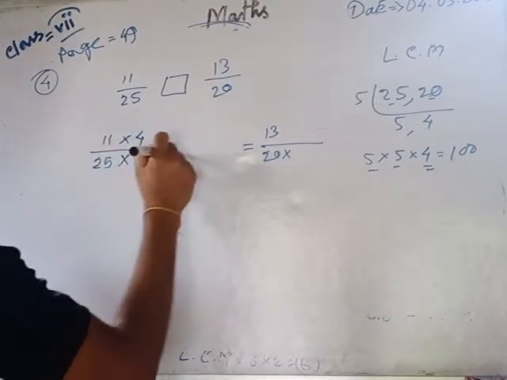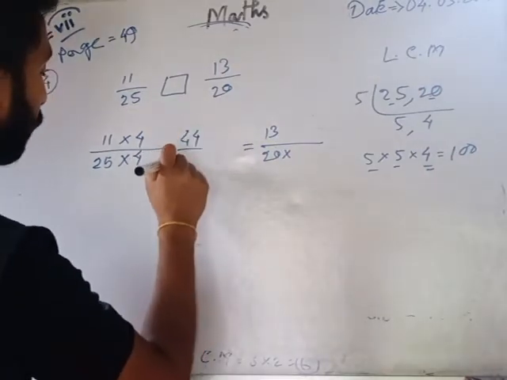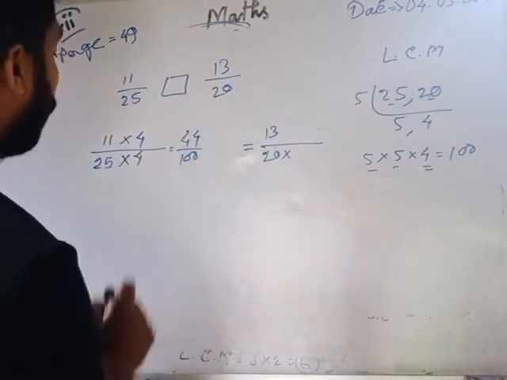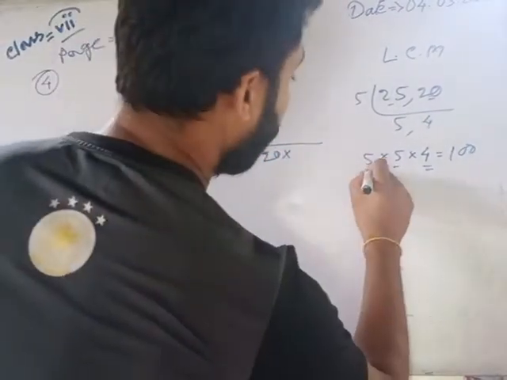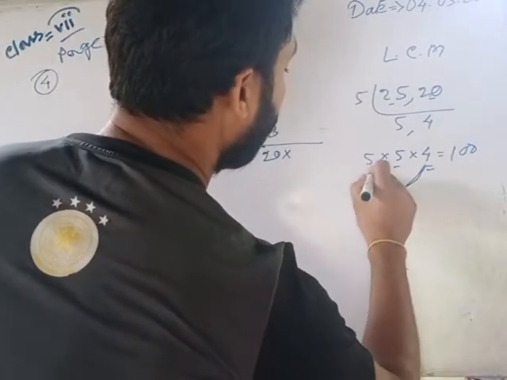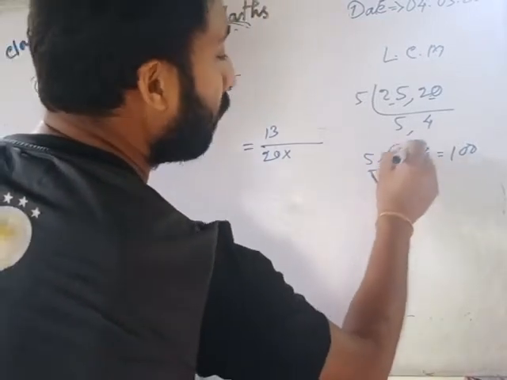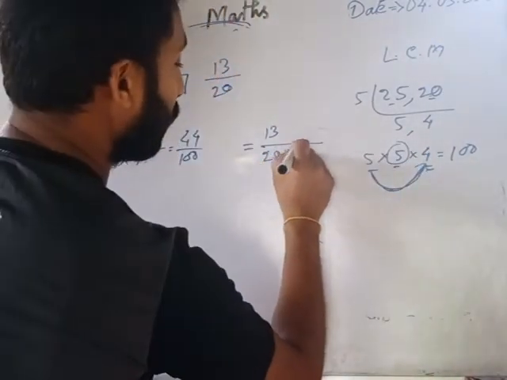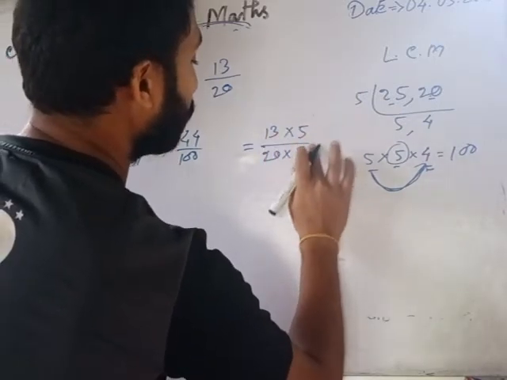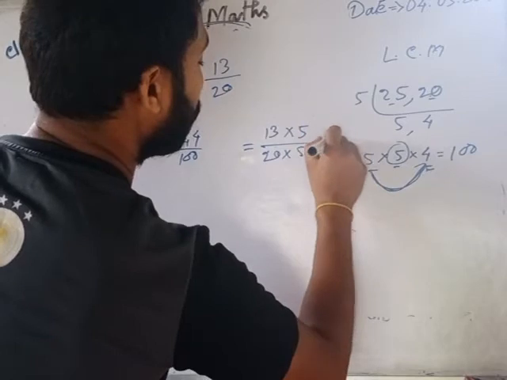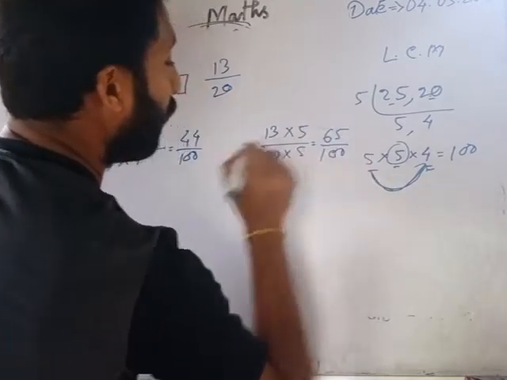Also the same number for the numerator, as I told you already: 4 11s are 44 and 4 25s are 100. If it is 20, 4 5s are 20, just 5 is left, so we should multiply with 5. That is also the easiest way. 5 13s are 65 and it is 100.